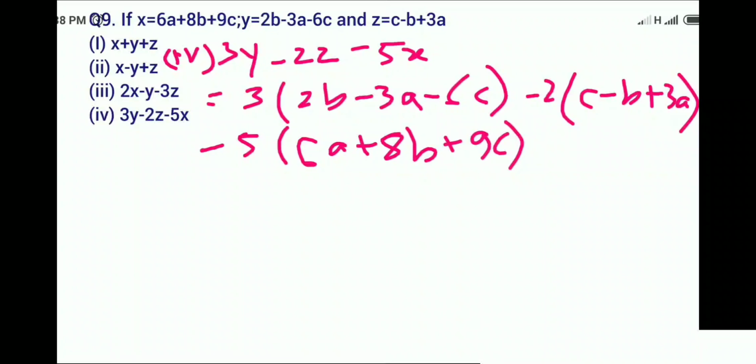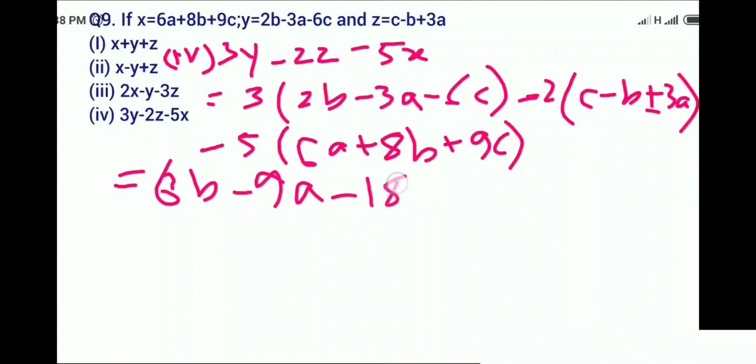After putting the values of a, b and x, y and z, we get this equation. Let's calculate it, keeping in mind that the minus sign will change the signs. So this will become equal to 3 into 2, 6b, minus 3 3 is a 9a, minus 6 3 is a 18c, minus 2c, minus minus plus 2b, plus minus minus 3 2 is a 6, 6a.